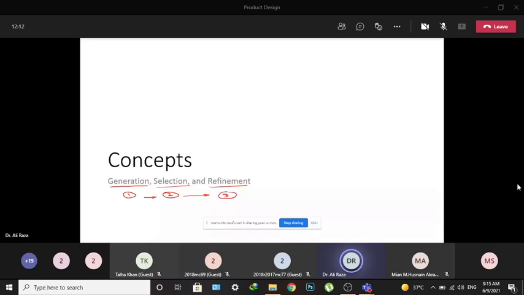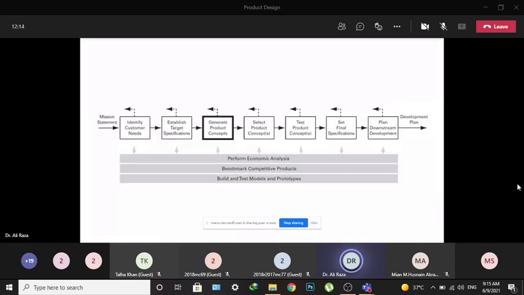Last time we went through this process flow multiple times, and you can readily recall that the word concept appears in these three stages. So these three stages are very important for us. Let me use the highlighter over here.